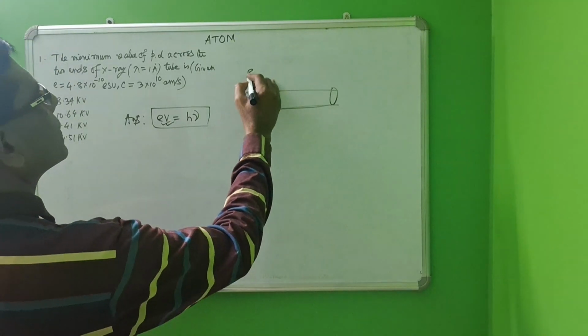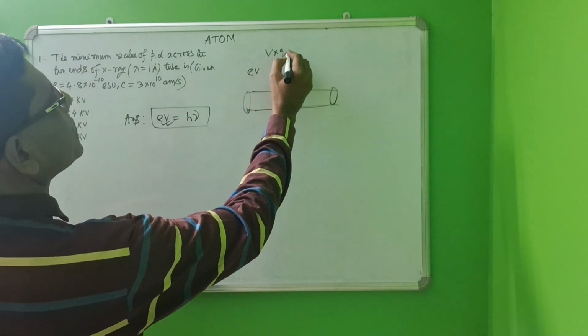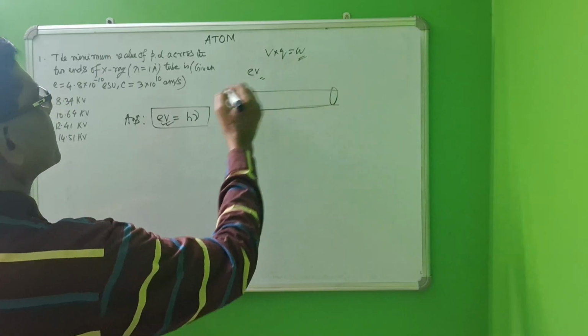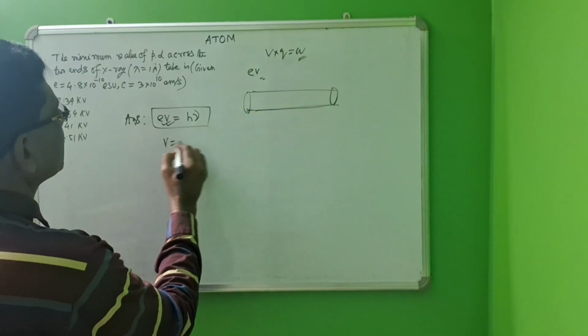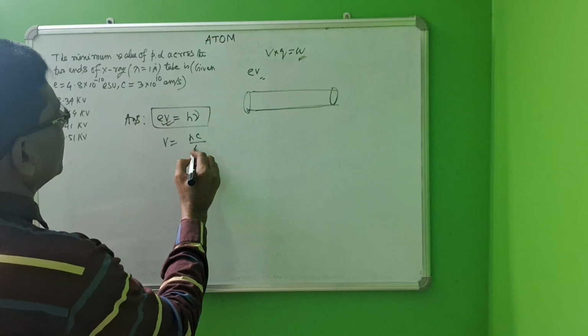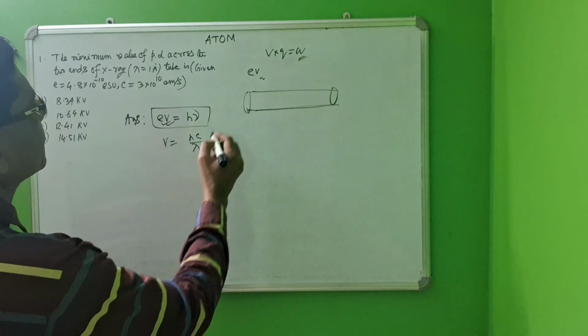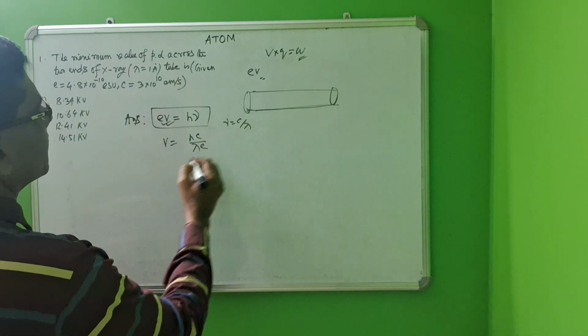We know eV equals V into Q equals W, energy. So eV is also energy, h nu is also energy. So we can write V equals hc by lambda e, V equals hc by lambda e.